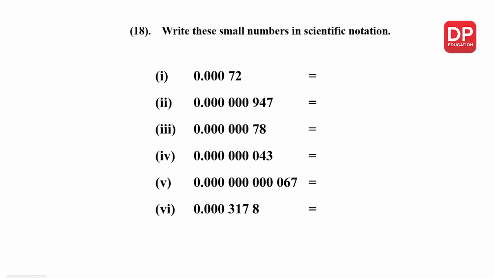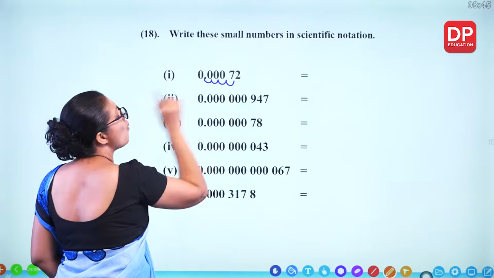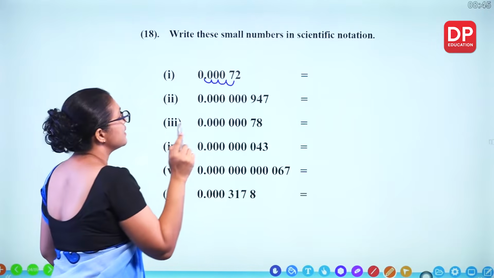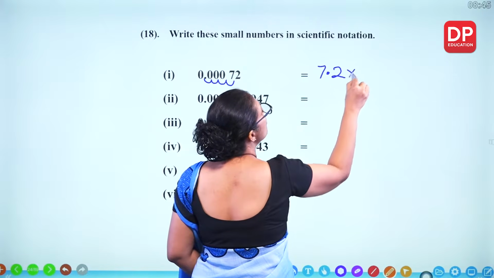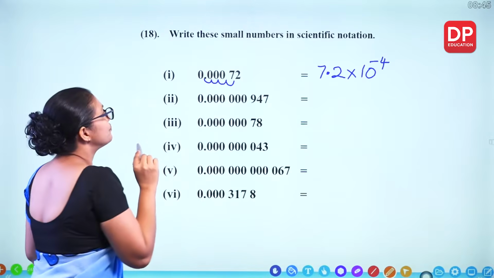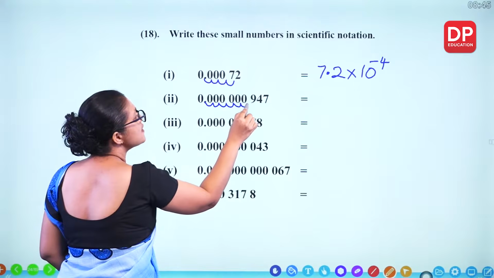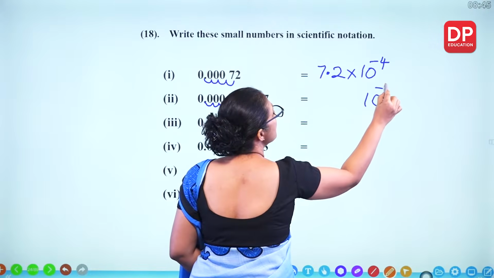Write these small numbers in scientific notation. We'll move the decimal place: 1, 2, 3, 4. 4 places to get the number less than 10. So 7.2 times 10 to the power minus 4. This one, 1, 2, 3, 4, 5, 6, 7. 7 places, so minus 7.